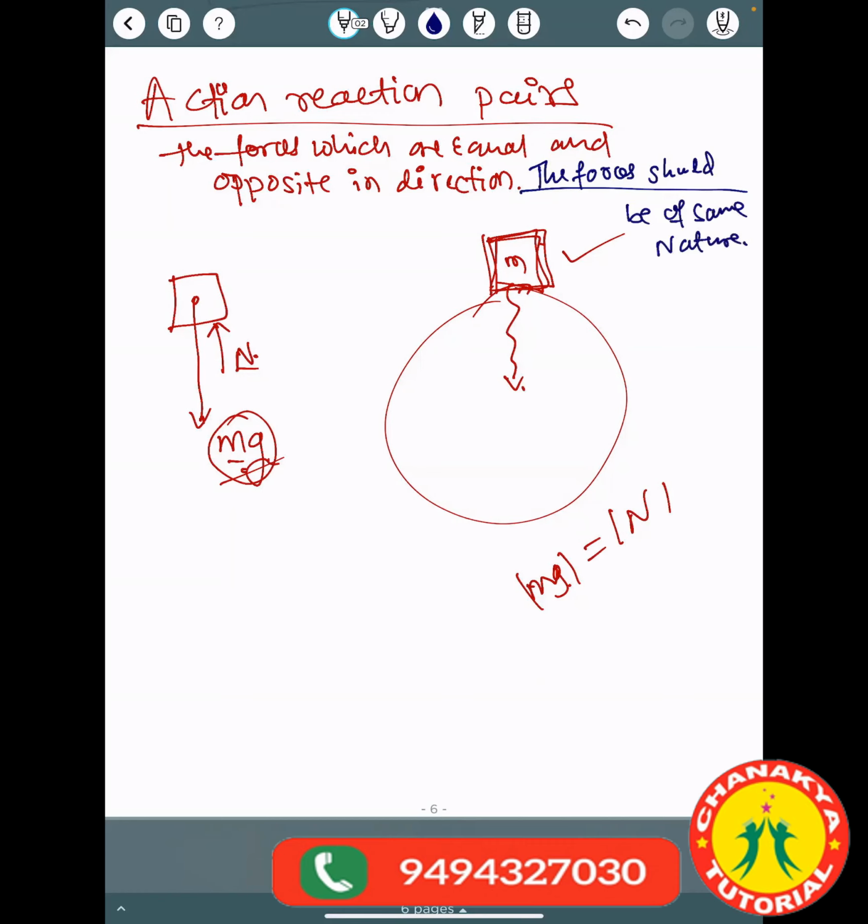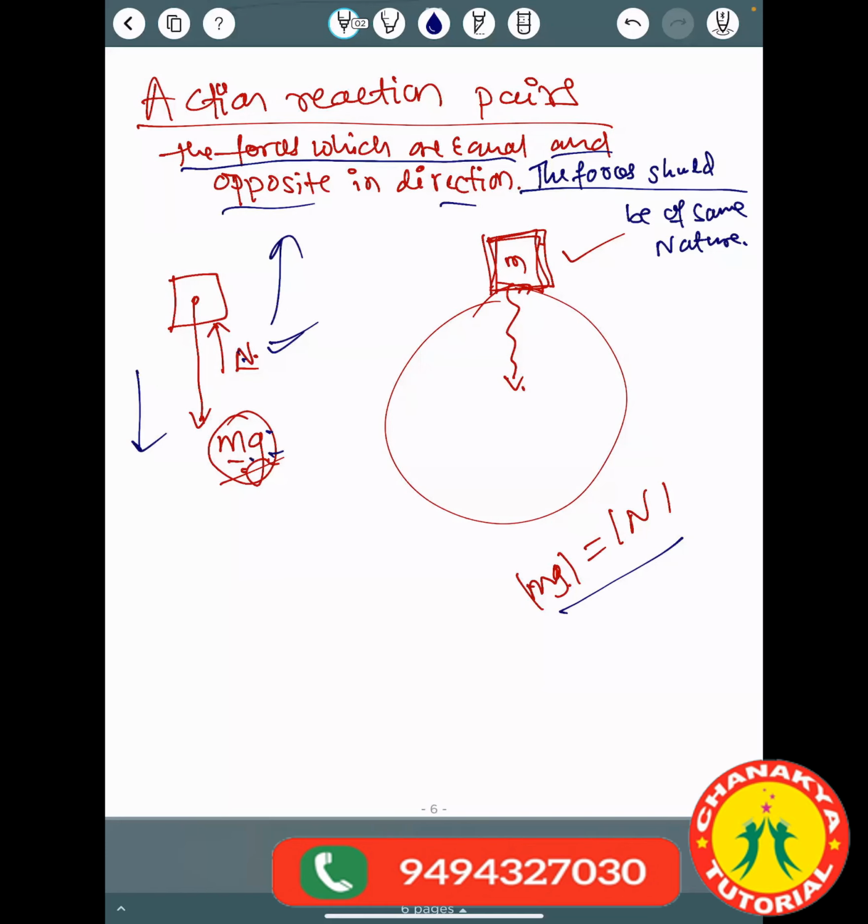So here, if you see mg and normal, the forces are equal: the magnitude of both is the same, so the first condition is satisfied. And opposite in direction is also satisfied: normal is acting up, gravity is acting down. But are they of the same nature?